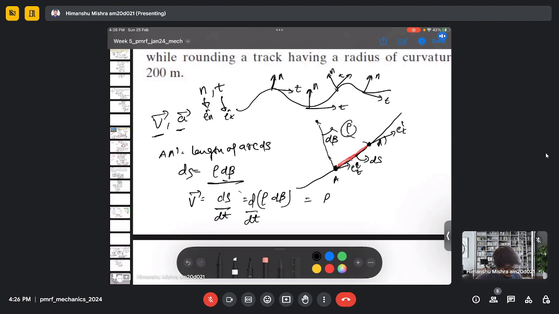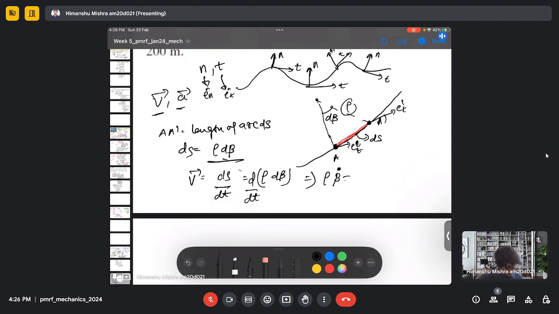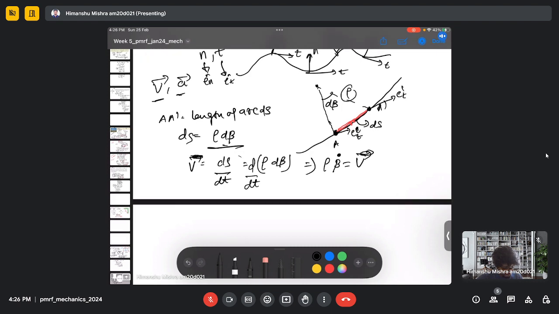So it will be rho theta dot. So this is my velocity. Sorry, this is just a velocity.